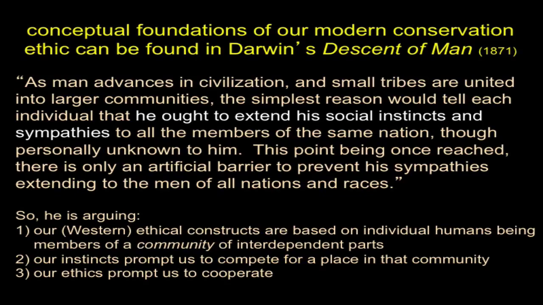So Darwin is talking about there is a reason for ethics, and there's a reason to think about things other than us, even if at first glance it maybe appears that we should only serve our selfish short-term needs.